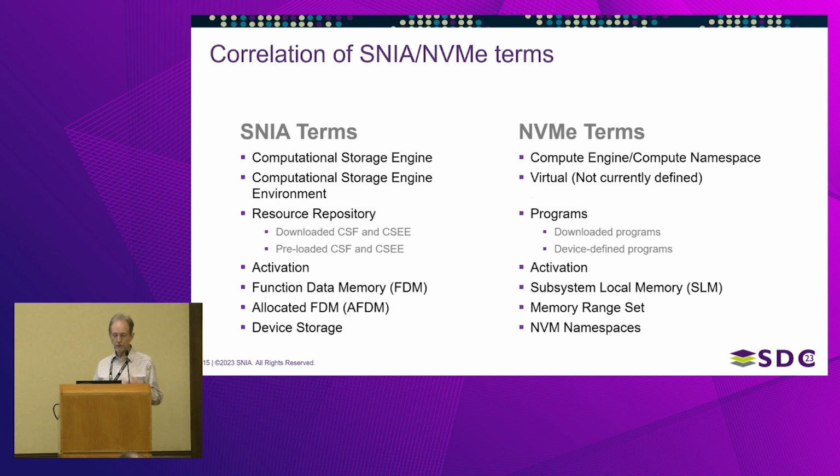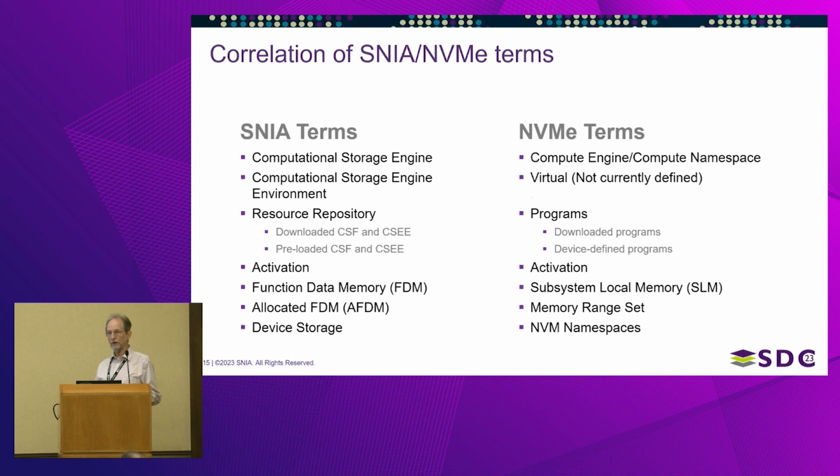In SNIA terms, we have a computational storage engine environment, which Jason talked about as being the environment that you are using within that engine. For example, with a CPU on your device, you could have an environment that is a packet filter processor.